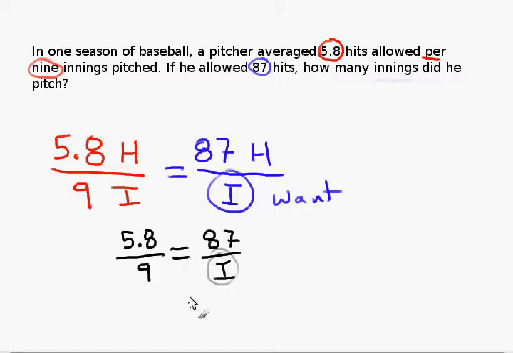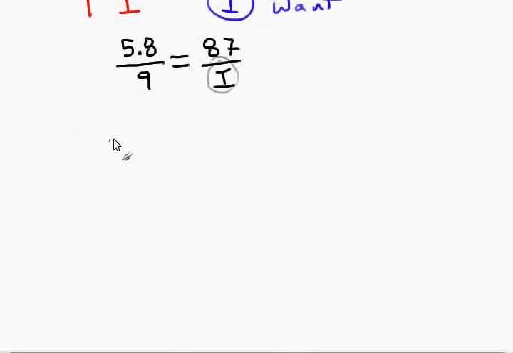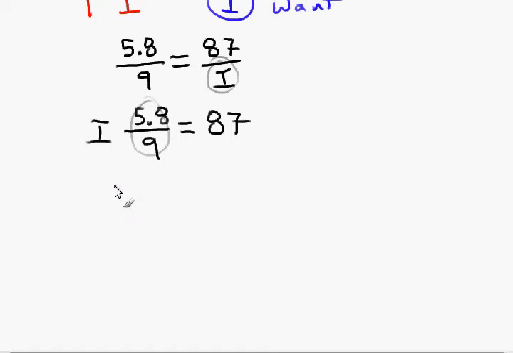So this means we're going to look at the rule of 3. I times 5.8 divided by 9 is equal to 87. Multiply both sides by I. Now we're going to divide both sides by 5.8 divided by 9, or multiply both sides by the reciprocal. Multiply by 9 over 5.8. We'll write in the rest of the problem around that.